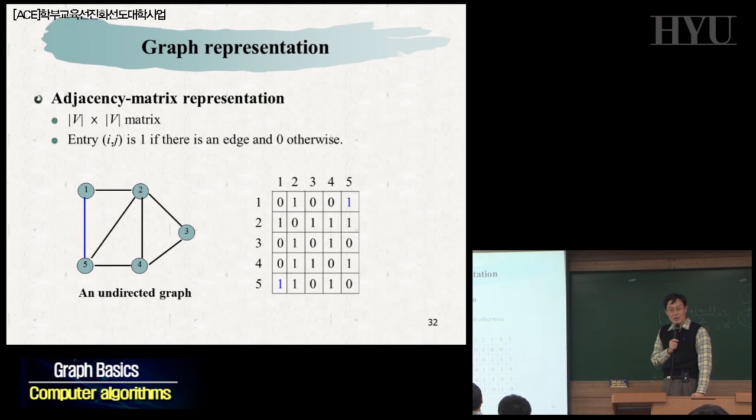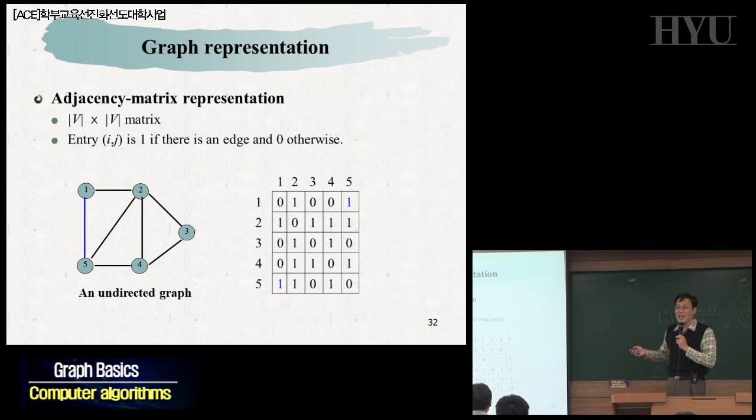Okay, then can you see the symmetry along the main diagonal? The value stored in entry ij is the same as the value stored in entry ji. So we don't have to store the whole matrix.